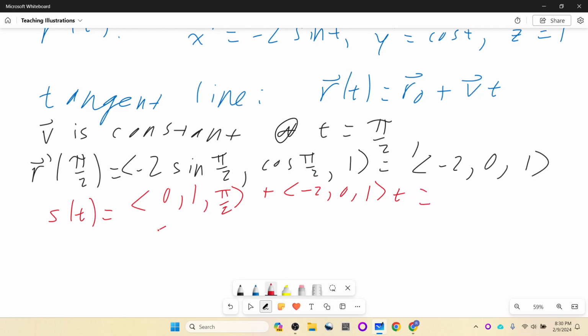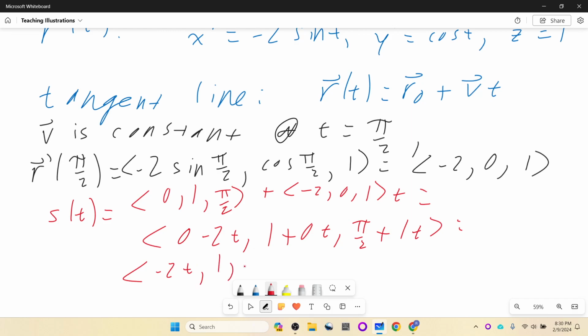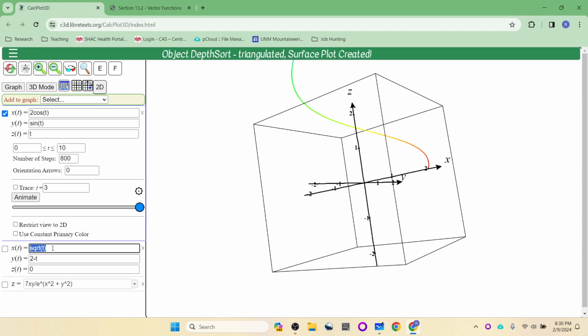It's 0 minus 2t, 1 plus 0t, pi halves plus 1t, which is -2t, 1, t plus pi over 2.